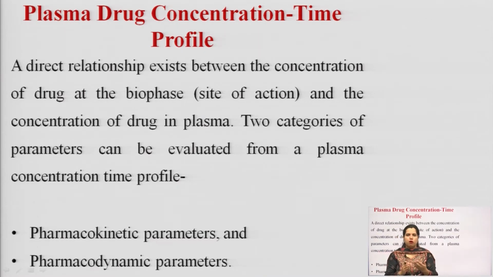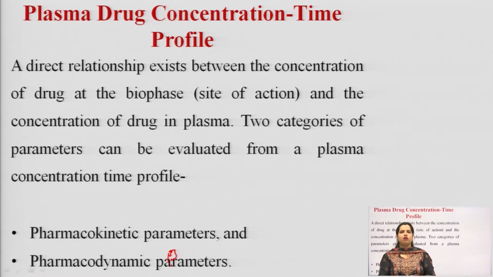Through these, we can observe the drug performance. A direct relationship exists between the concentration of a drug at the biophase, that means the site of action, and the concentration of drug in plasma.